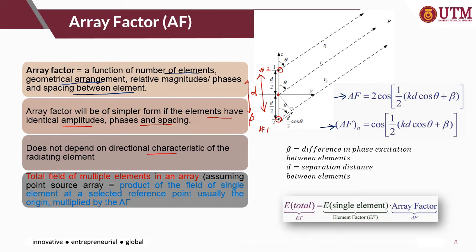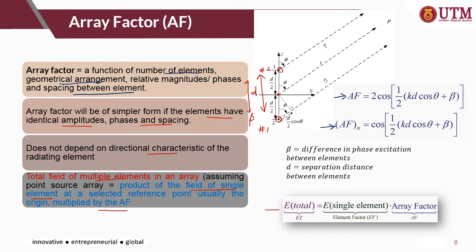And the total field radiated by an array that consists of multiple elements is actually the product of the field of a single element at the selected reference point multiplied by the array factor.